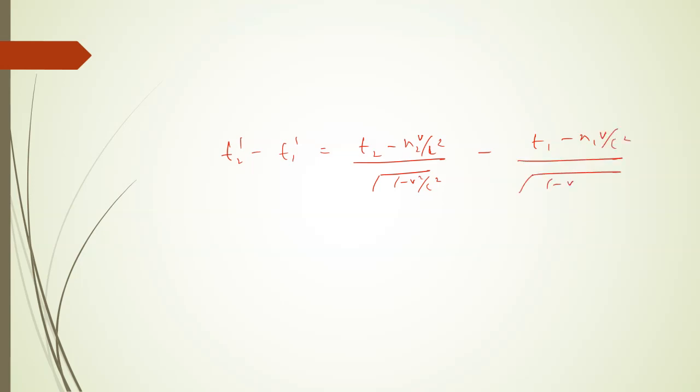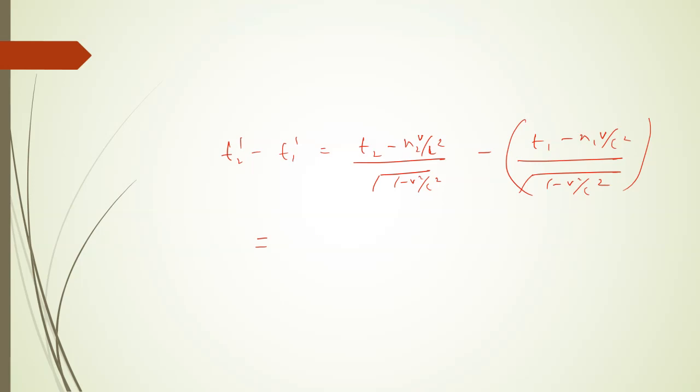That is, t2 dash minus t1 dash equals (t2 minus x2 v by c square) divided by root of 1 minus v square by c square, minus (t1 minus x1 v by c square) divided by root of 1 minus v square by c square.